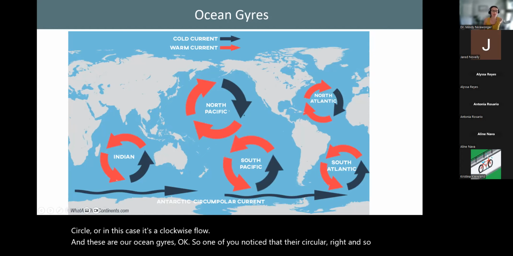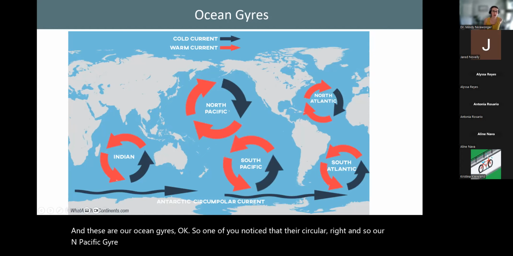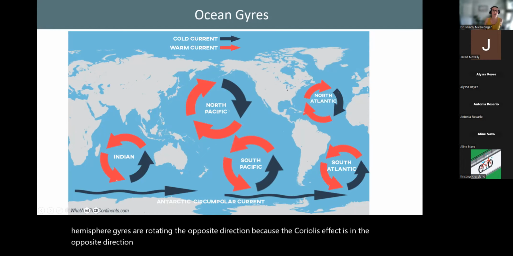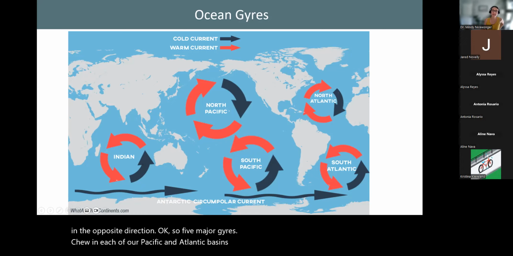And so our North Pacific gyre rotates clockwise, our North Atlantic gyre rotates clockwise, and our Southern Hemisphere gyres are rotating the opposite direction because the Coriolis effect is in the opposite direction. Okay, so 5 major gyres, 2 in each of our Pacific and Atlantic basins, and then 1 in the Indian Ocean.